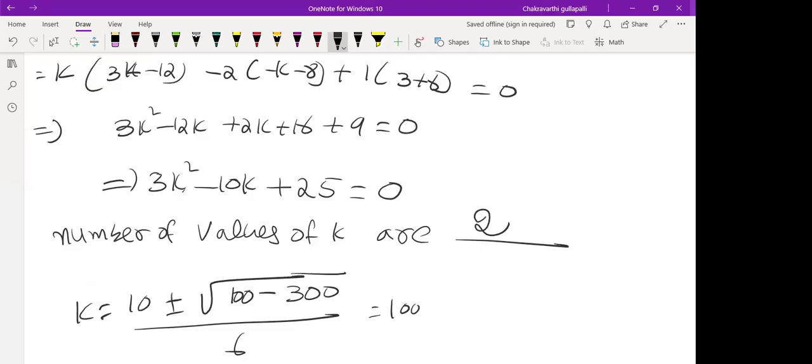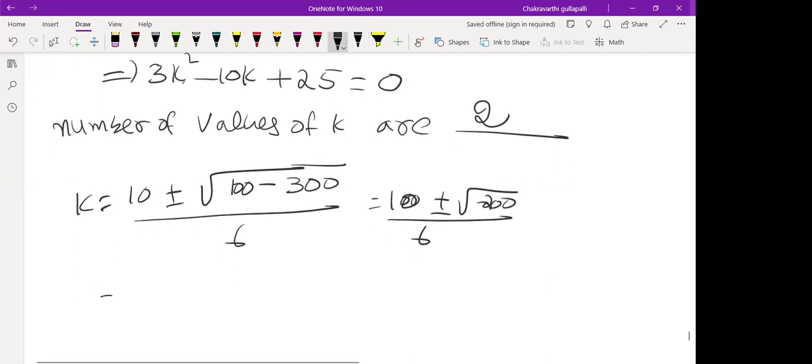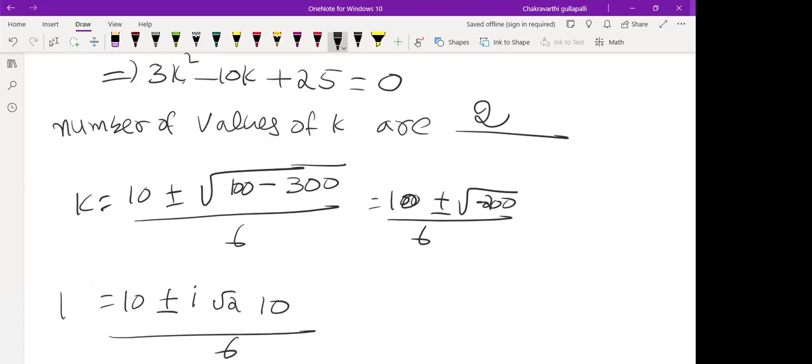So 100 plus or minus root of 100 minus 200, root 100 is 10, root minus 200 is 10 root 2 i, by 6.